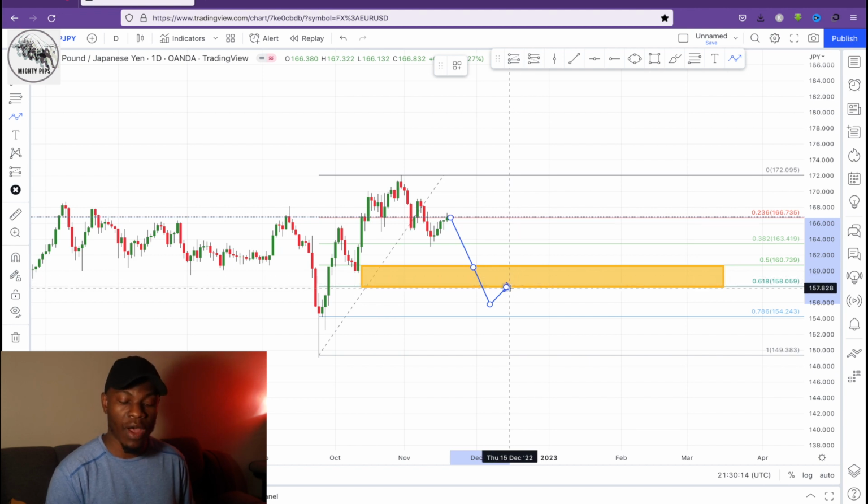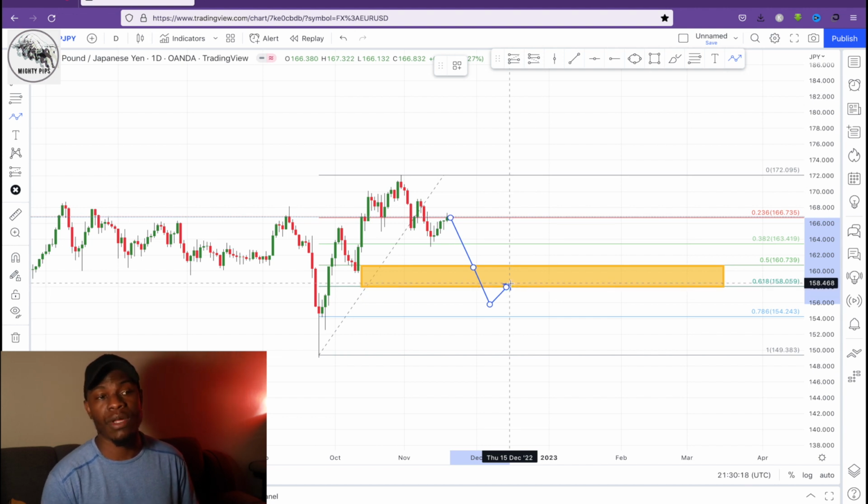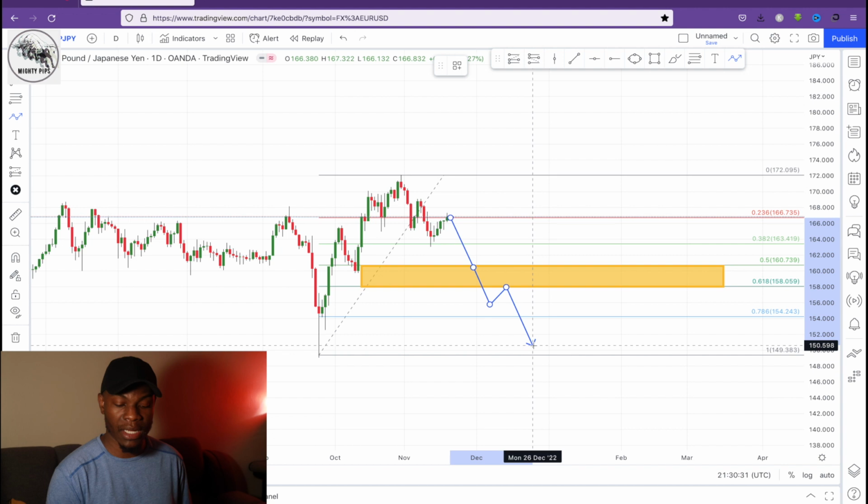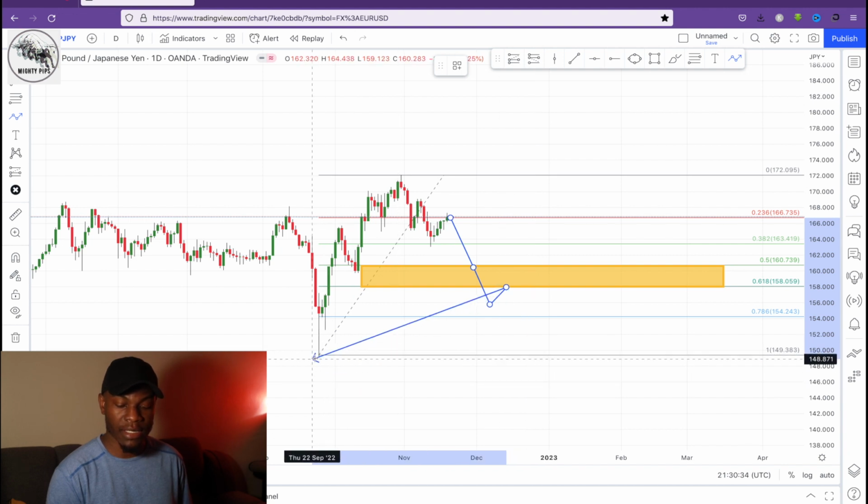Or you may wait for something like a harami bar, or a bearish marubozu candle in this area here. Then you could short the market and target this low. Okay, so that is how you enter a trade after the golden zone Fibonacci has been tested.